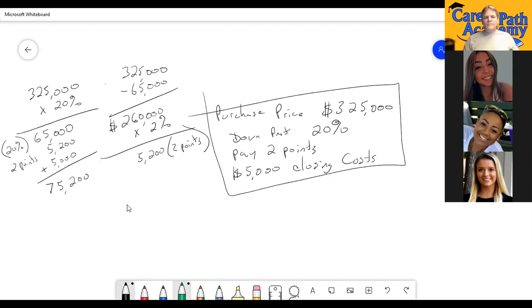All right. I want you guys to see something by comparison really quick. I want you guys to do the same thing for a $325,000 property. Tell me how much money you would need to purchase if it was an FHA loan. How much down payment's required for an FHA loan? 3.5%.